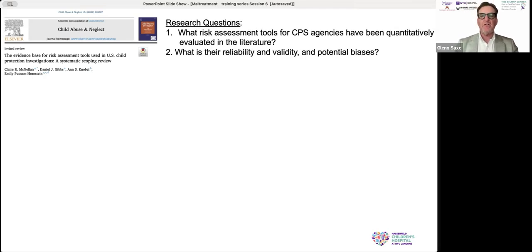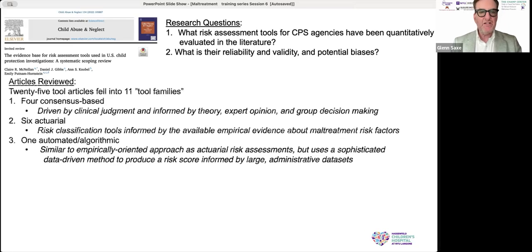And here are the questions they asked for this study. They want to know what tools are available or used by child protection agencies that have been evaluated in the literature. And then they're asking, what is the reliability and validity of the tools and potential biases? That's really interesting because we want to know this.